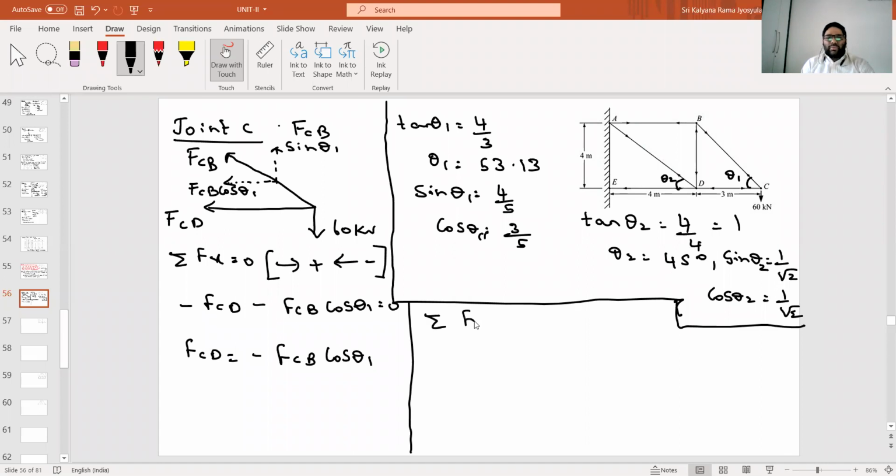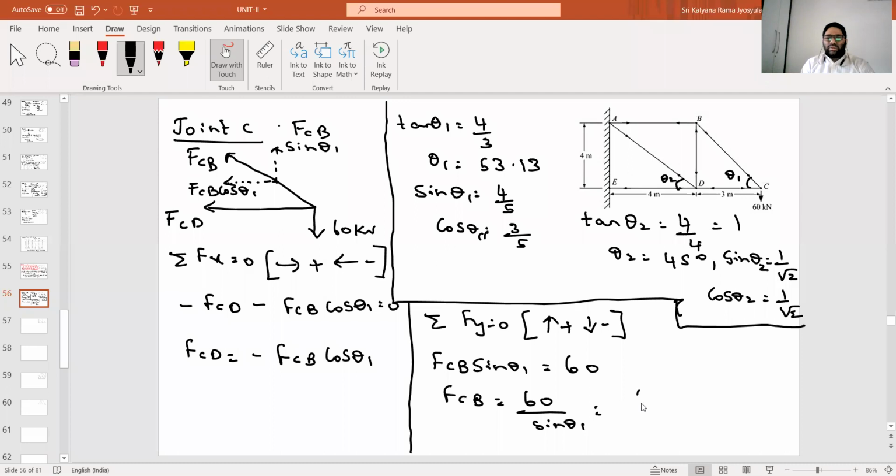Now sigma Fy is equal to 0, with upward positive and downward negative. FCB sine theta 1 is upwards and the load is downwards, so FCB sine theta 1 is equal to 60. FCB is equal to 60 by sine theta 1, that is 60 by 0.8, since 4 by 5 is 0.8 and 3 by 5 is 0.6. That is equal to 75 kilonewton tensile.